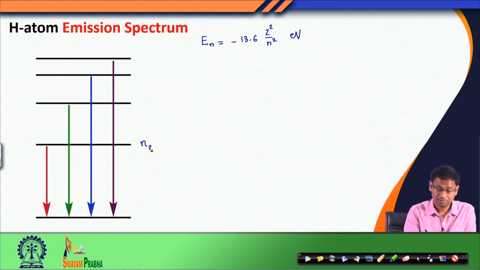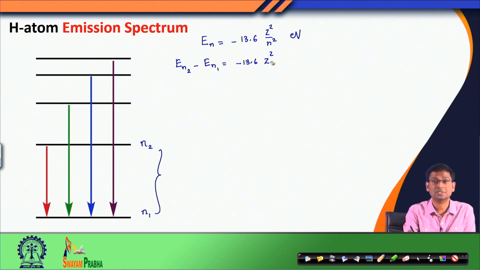Suppose I am talking about an emission spectrum from n2 to n1. Then I would write the energy difference E n2 minus E n1. This would be simply minus 13.6 Z square. I am keeping Z square, but if I am considering only the hydrogen atom, you know that Z will become 1 and its effect will be nothing.